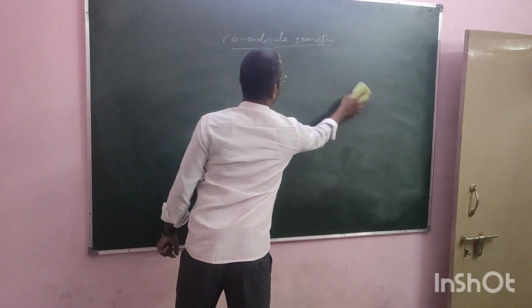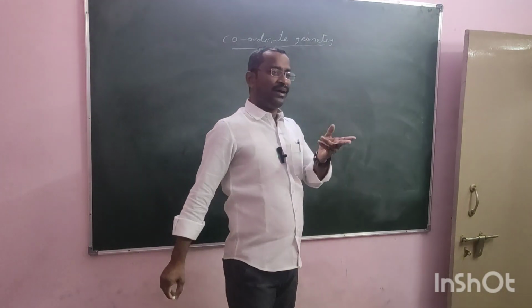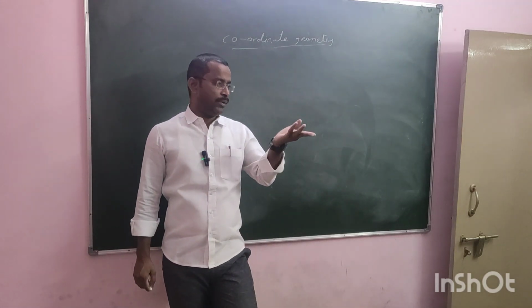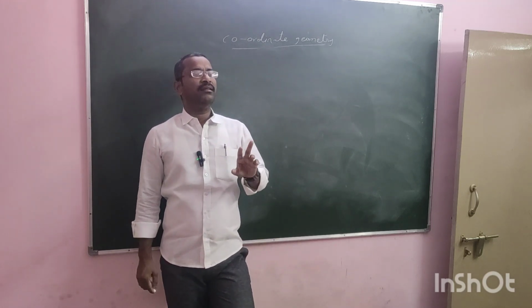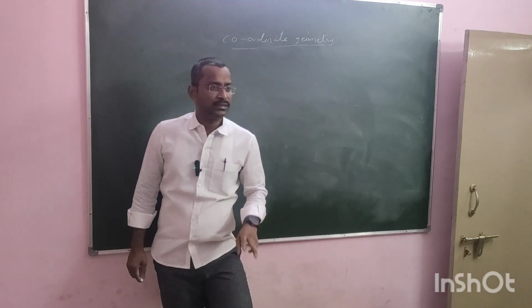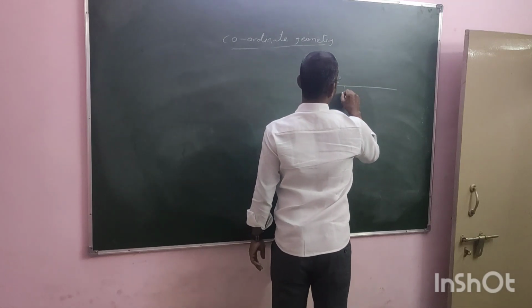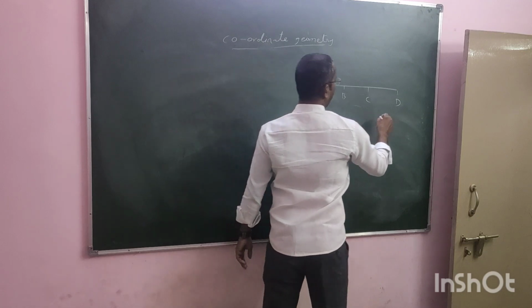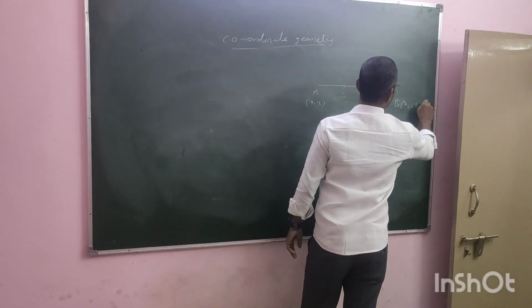And the last most important concept is trisection. Bisection, trisection. Bisection is the midpoint: (x1 plus x2) by 2, (y1 plus y2) by 2. Trisection means there are 2 points which are dividing a line segment into 3 parts. Say A(x1, y1), B(x2, y2).